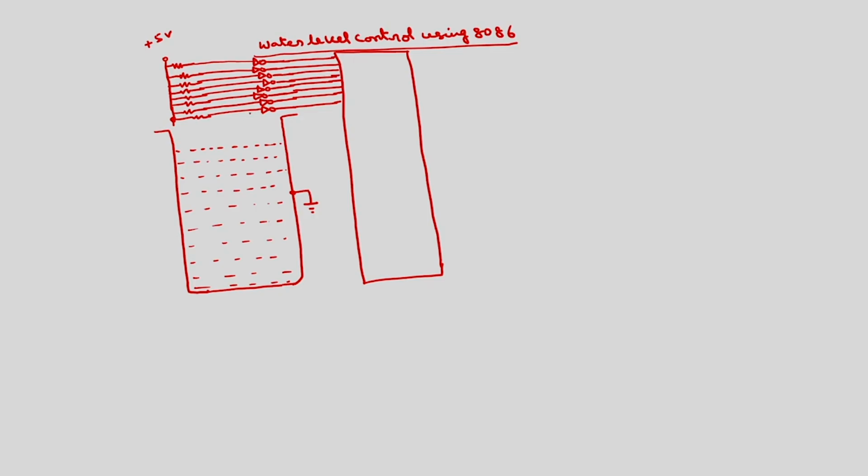Let us assume that this point is connected to a probe here. This point is connected to another level. So, I am going to measure 8 different levels at equal distance.